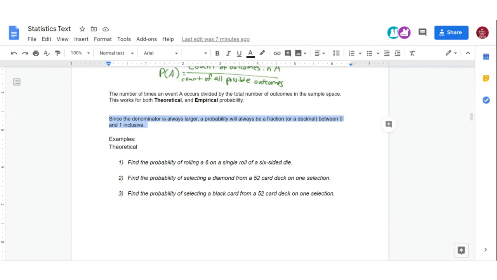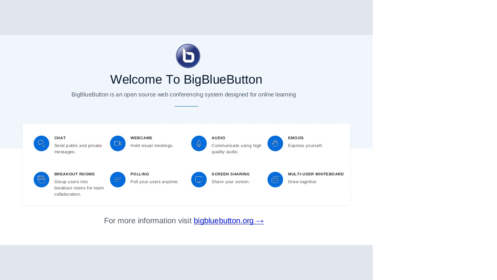So let's look at this first one. Find the probability of rolling a 6 on a single roll of a 6-sided die. All right, so let's go over to the board. I'm going to copy that and paste it. That'll take less time there. Plus, it just looks better.